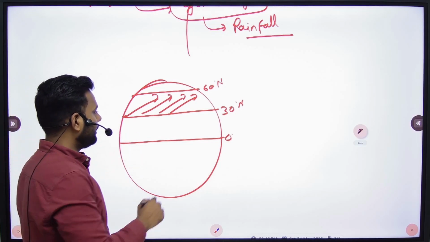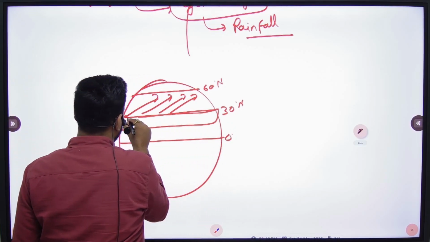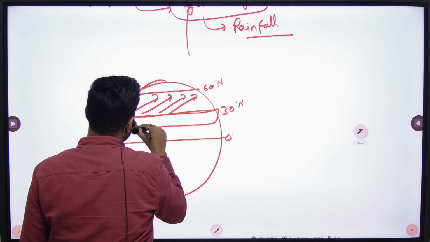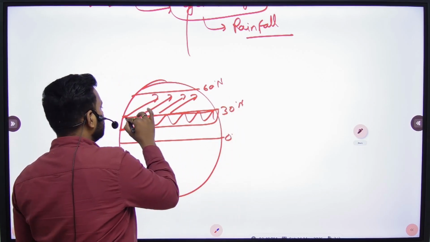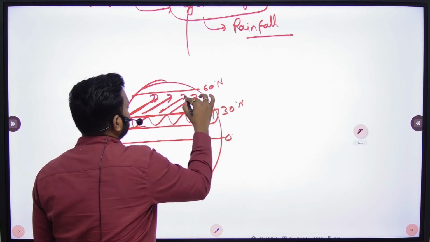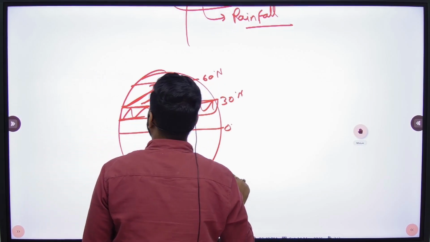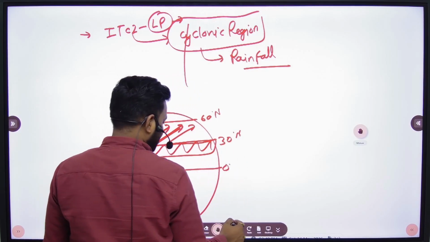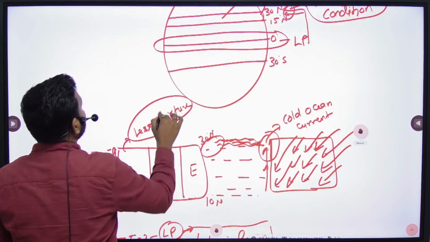But the deserts are formed in the area between 15 to 30 degree, and it is not under the influence of westerlies. Okay, these are the reasons you can keep in your mind.